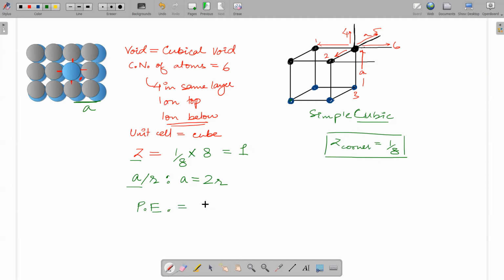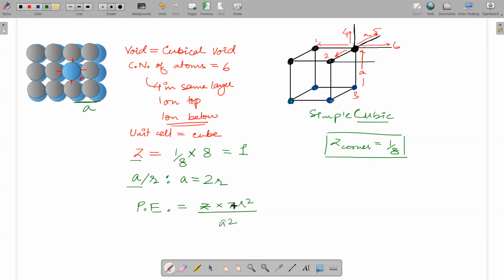Packing efficiency will be equal to Z into the space occupied by atom, pi r square, upon, what will be the formula? A cube upon A cube.